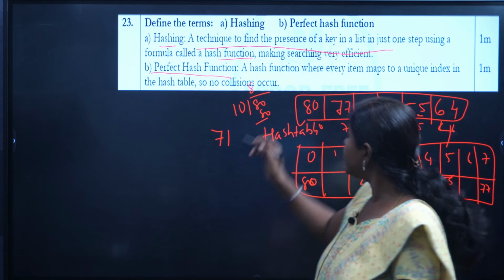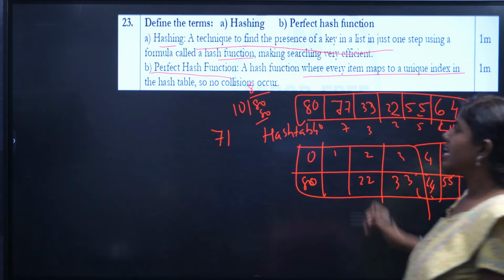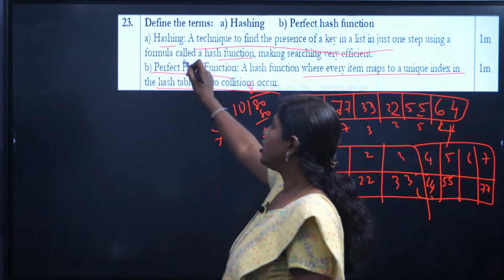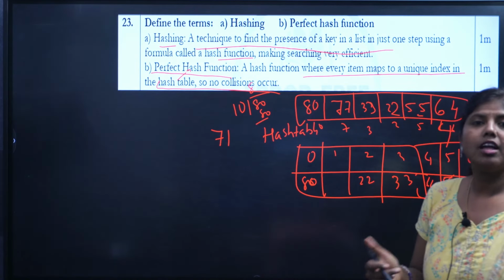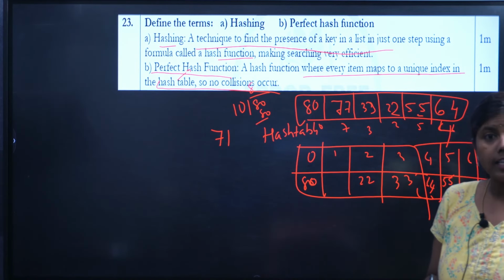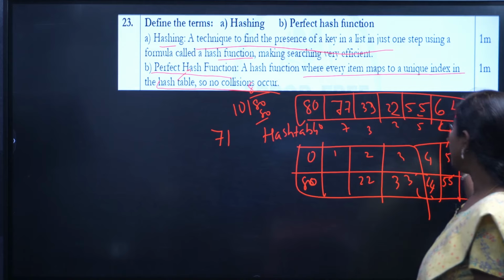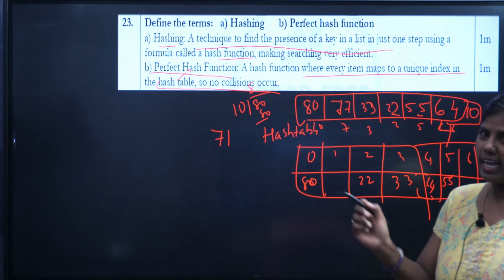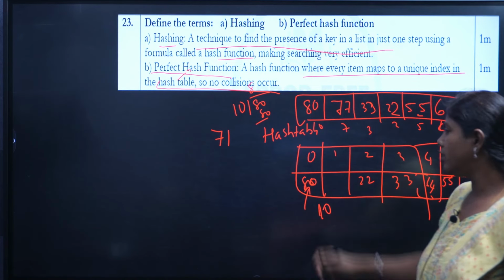If each and every element maps to a unique index in the hash table, we call it a perfect hash function. That means without collision. If I take a number as 10, 10 means I have to store it in 0. 80 also has to be stored there, and 80 is already stored.